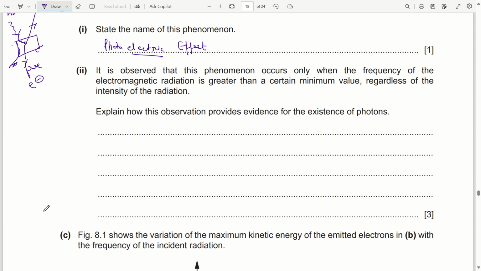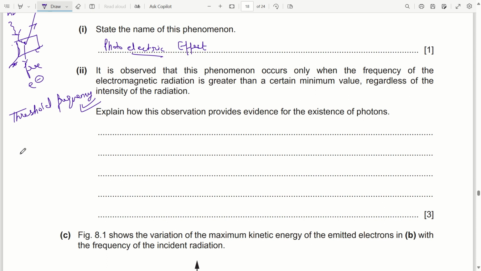Now we know that there is a threshold frequency, and only if the incident radiation has frequency greater than the threshold frequency will it be able to eject electrons from the surface, because the free electron is loosely bound to the surface, and to liberate the electron we should supply a suitable amount of energy that is known as the work function.